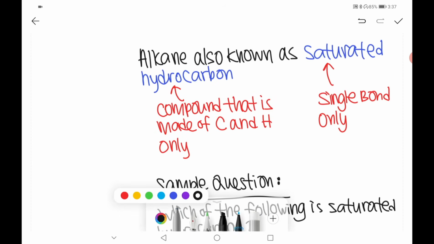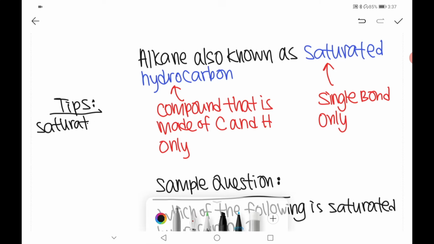Let me write a side note here, a tip. When you see the words saturated hydrocarbon, it actually refers to alkane.